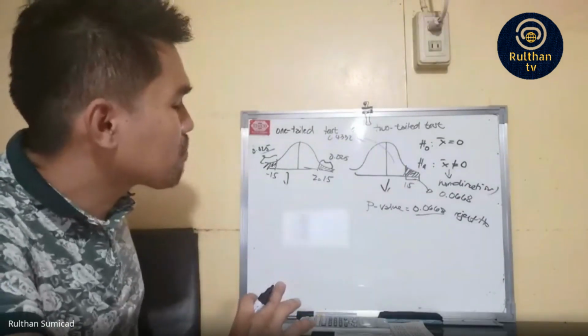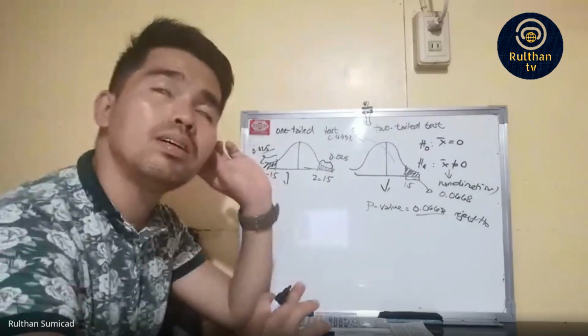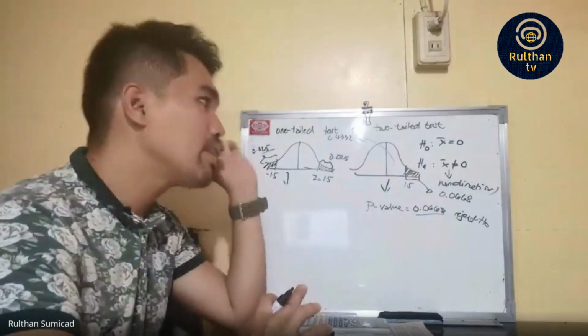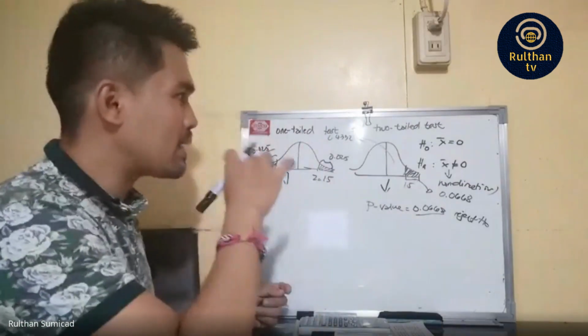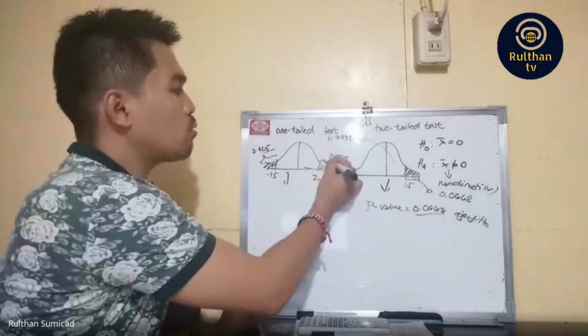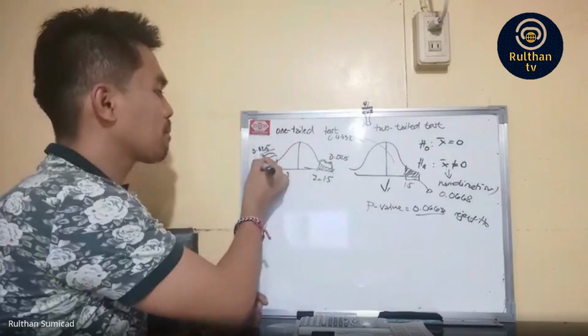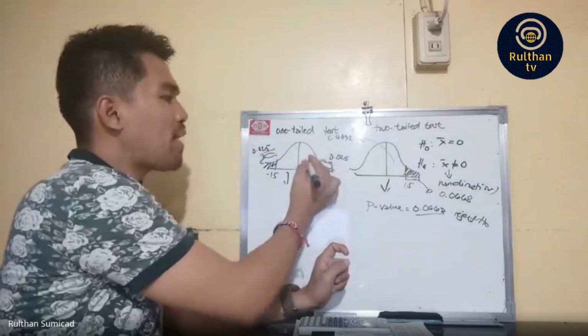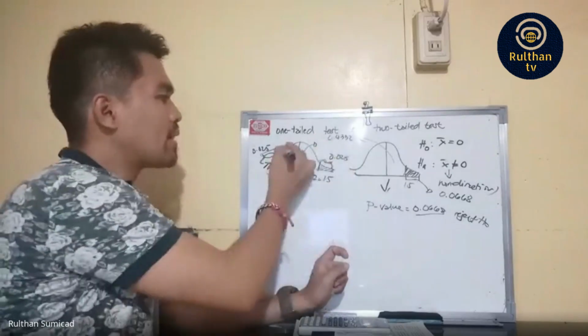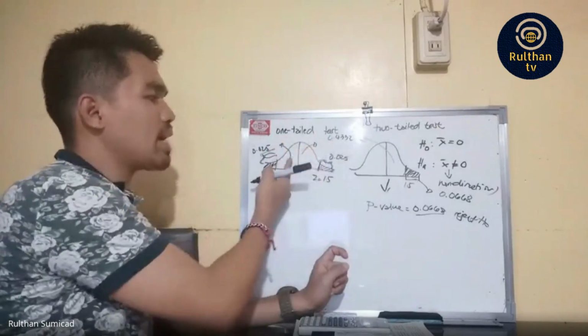Now, in the event that we use a two-tailed test, the two-tailed test will be like this. You will now split the alpha into two here. So I'm looking at this one, if this is 1.5, so what is this area? And at the same time, the areas here and here are just the same.